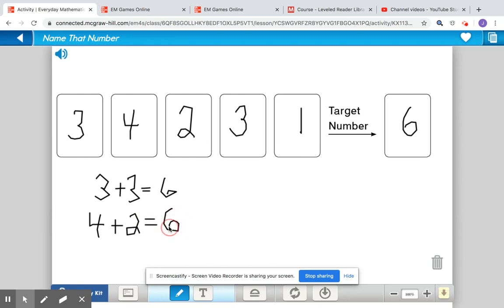I believe in the home links page, there are going to be problems, and they're going to have numbers listed just like I have here with a target number at the end. You have to find numbers that add together or that you can subtract, take away to hit your target number. You're going to check your box, and then you're going to scroll back.